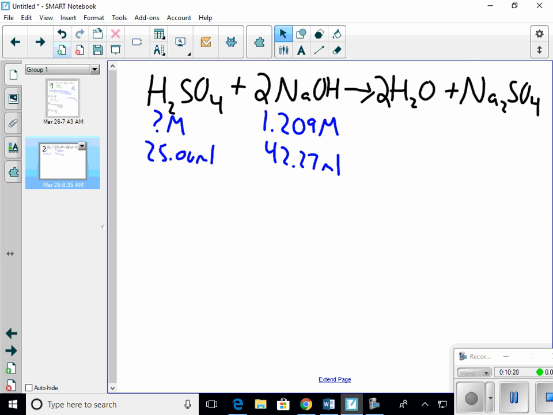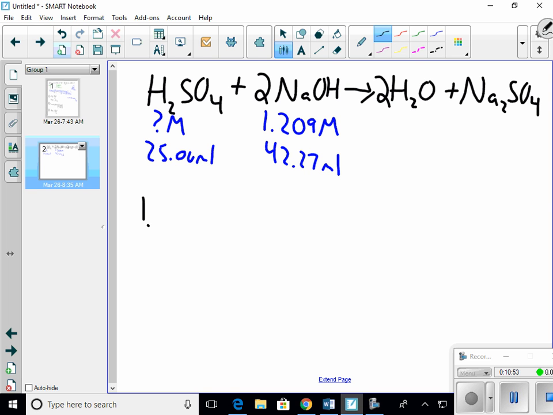So I'm going to solve this the same way I first solved the previous problem. I'm going to do kind of that stoichiometry method, where step 1 is I'm going to multiply molarity times liters of the NaOH. Because whenever you're in doubt of what to do mathematically in this class, get to moles. Moles is the unit in chemistry.